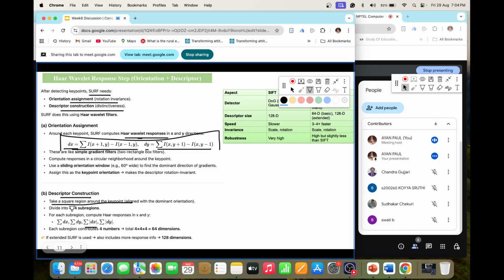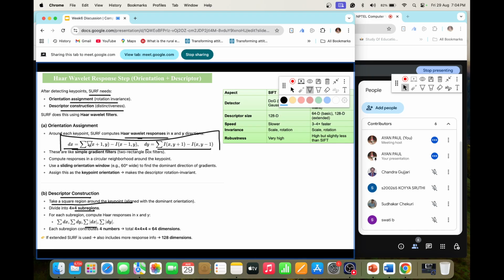And then for each key point, we take a square region around the key point. So we have detected the key point, then we take square regions, like 4 by 4 sub-regions, and for each sub-region you will get these 4 things.